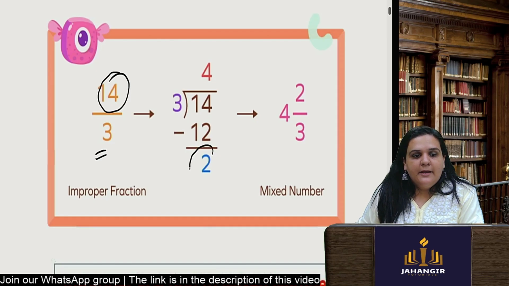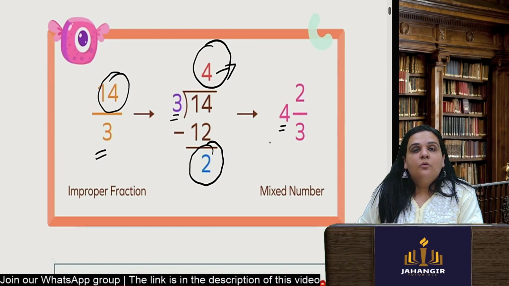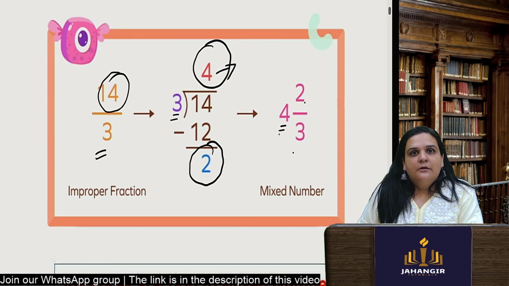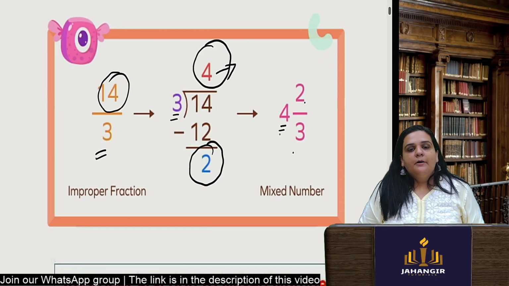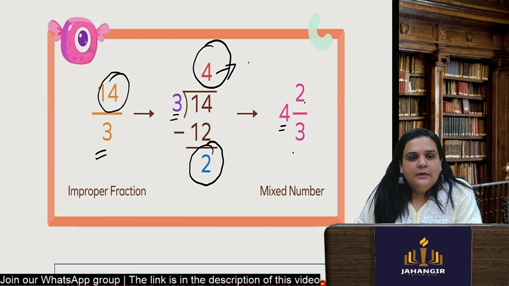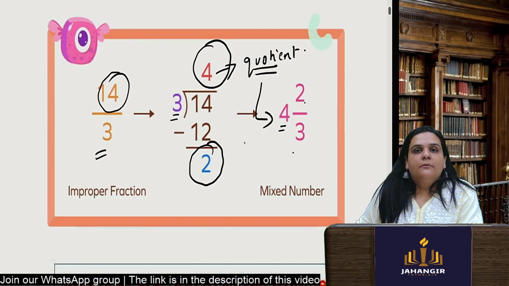I get 2 as the remainder and 4 as the quotient. The quotient is always the whole number in a mixed fraction. The divisor will always remain 3; it will never change. And the remainder will go as the numerator. This is how we convert an improper fraction into a mixed fraction: the quotient becomes the whole number, 4, and then 2 by 3.